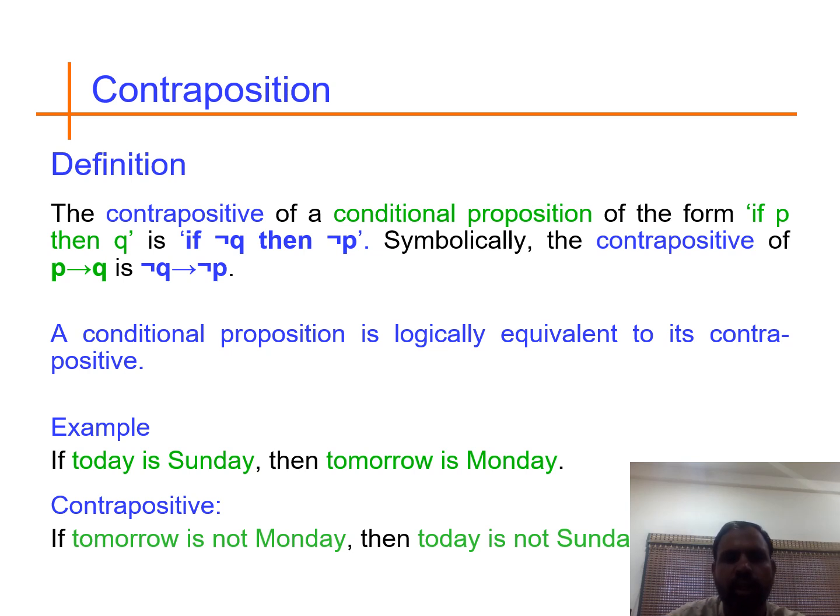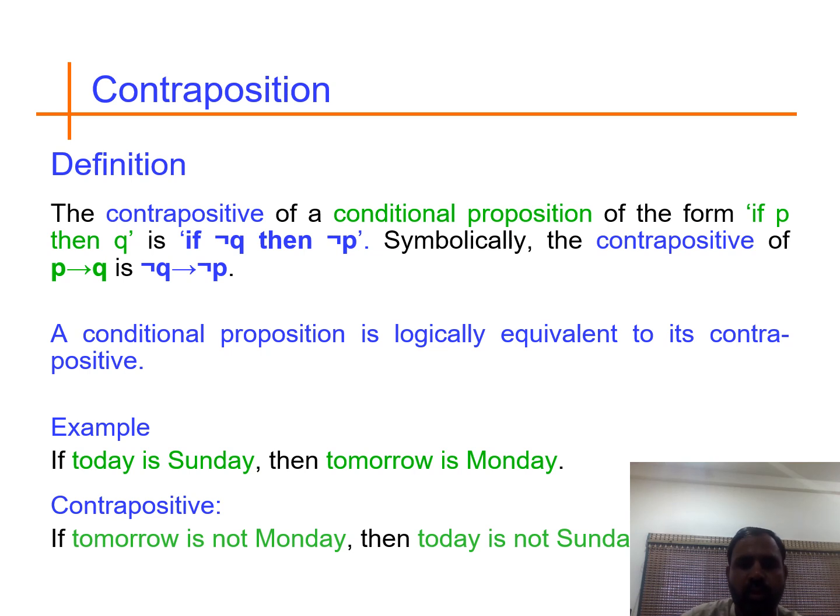For example, if today is Sunday, then tomorrow is Monday. Contrapositive: if tomorrow is not Monday, then today is not Sunday. Both have the same meaning, and logically these are the totally logical concepts and logical reasoning behind this course.